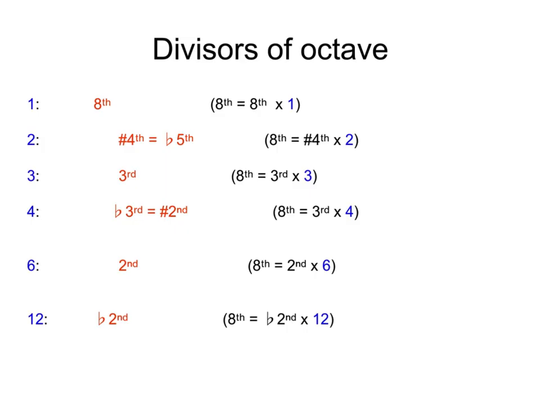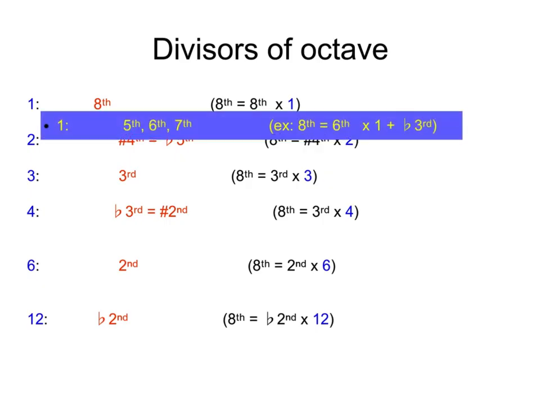Remember this from the latest fun fact video about divisors of an octave. The blue numbers tell us the largest multiple of the corresponding intervals. If you want to determine the largest multiple of any other interval, it's going to be the blue number of the interval that is immediately larger. For example, if we want to know the largest multiple of a fifth, sixth, or seventh, we just look where they fall between those numbers.